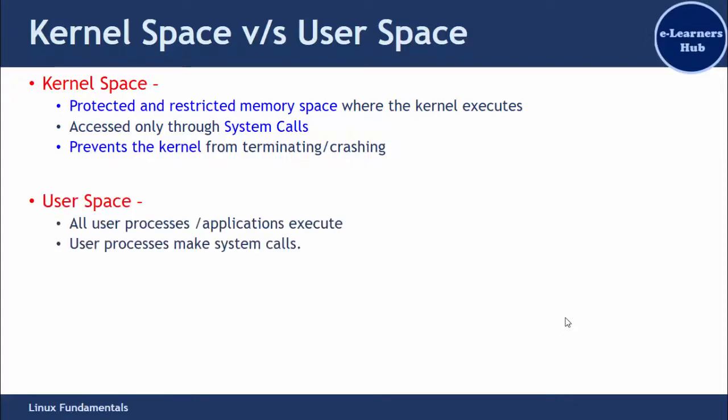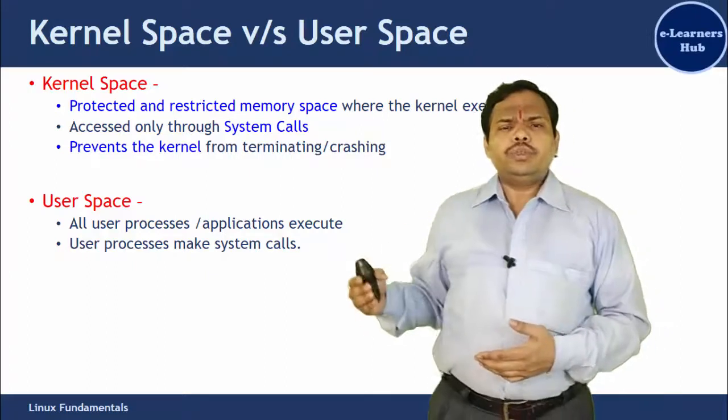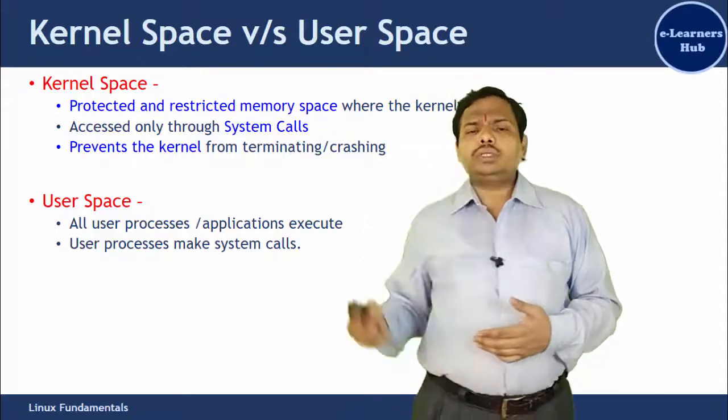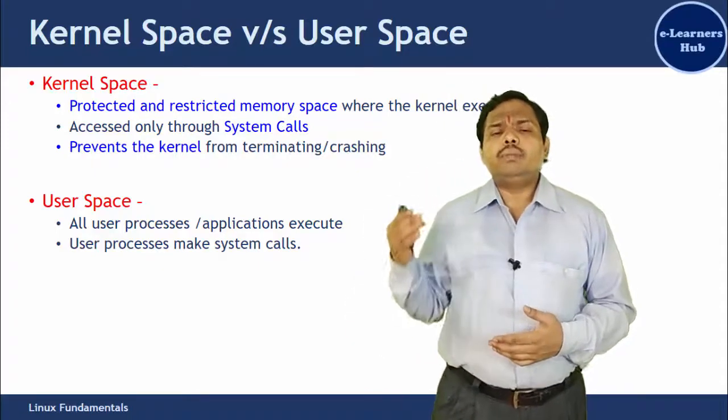The user space is where the user processes are running. That is, the applications that are run by the user, the programs that are executed by the user, all are getting executed in the user space. In the user space, the processes that are run by the user make the system call.